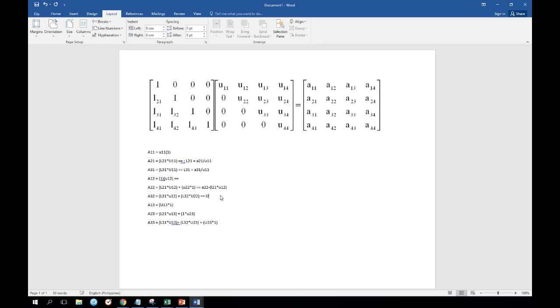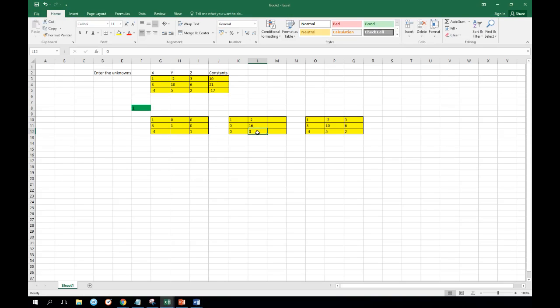Doing a simple formula here, that is A32 minus the product of L31 and U12, everything divided by U22.